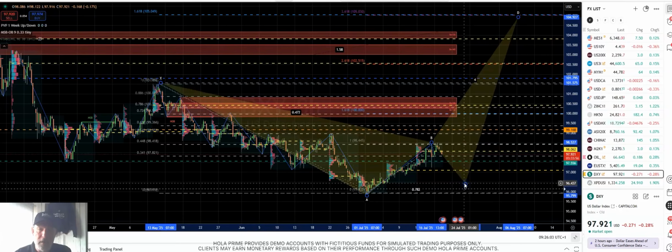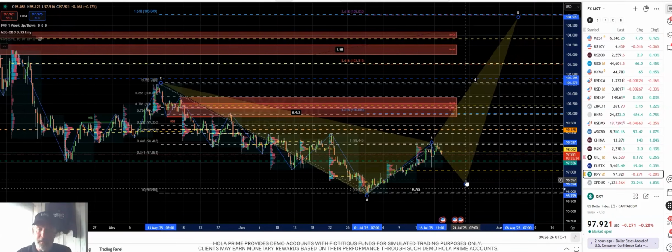According to cipher pattern analysis and DeMark indicators, DeMark has given us a 9 correction. We're dragging back, correcting lower, there's profit taking going on in this last dollar rally, and that can be analysed as the BC leg of this large bat formation.